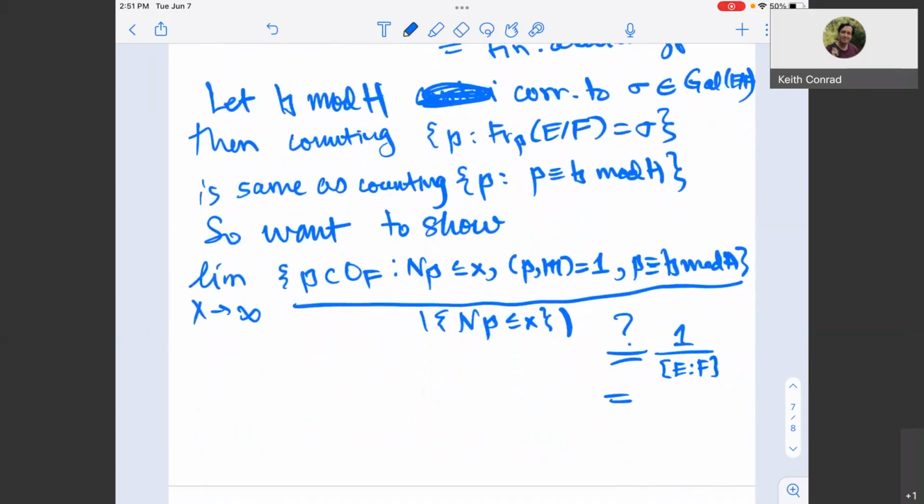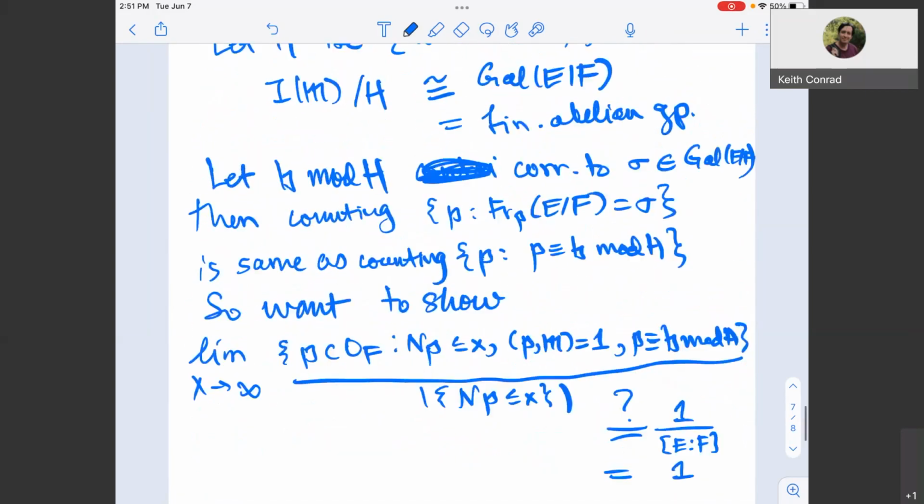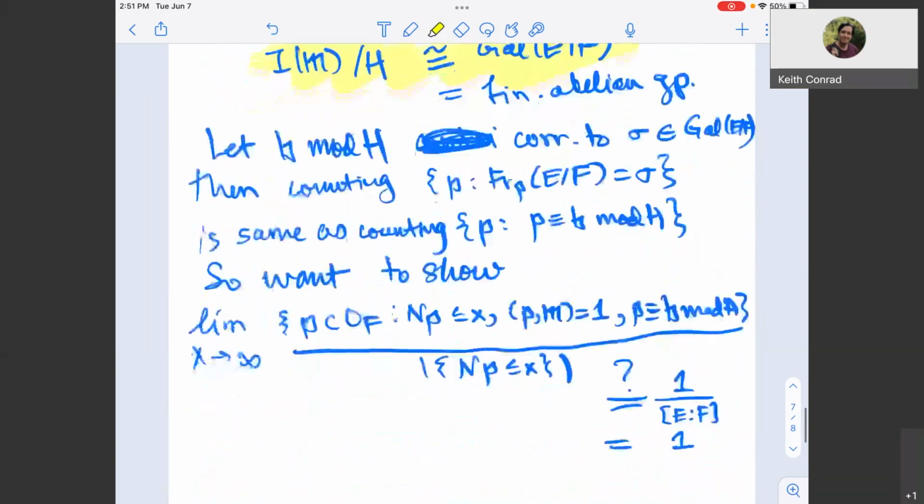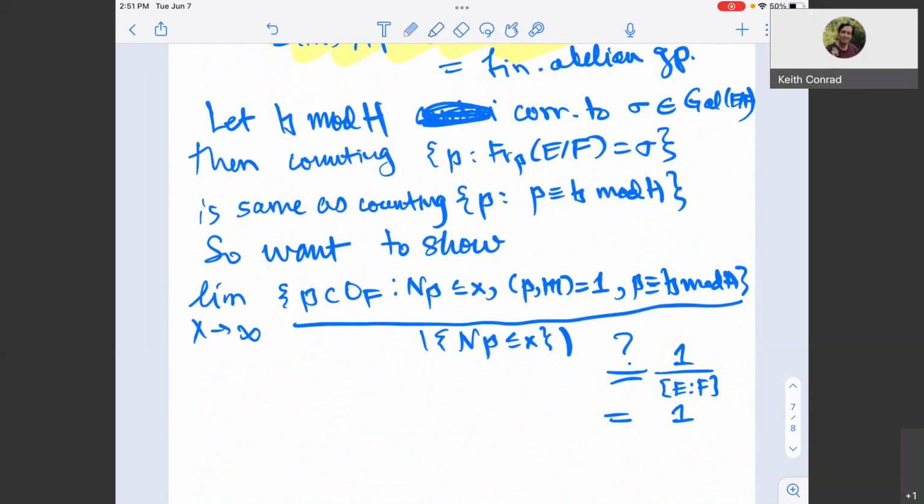But because our Galois group was isomorphic to that kind of group of ideals, so to speak, this is 1 over the size of Im mod h.